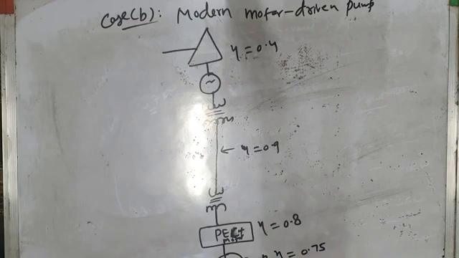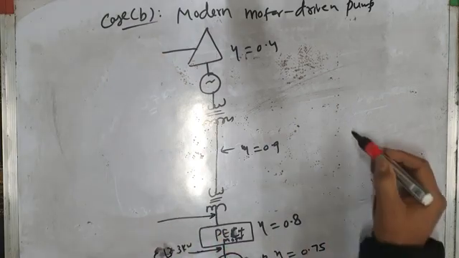Again, here output power of pump is same as in the previous case, 10 kilowatt. Input power to the pump or output power of motor is, sorry, 13.3 kilowatts. So at the pump, there is a loss of 3.3 kilowatt. Understood. Now, what is the input to the motor, power electronic converter and motor?